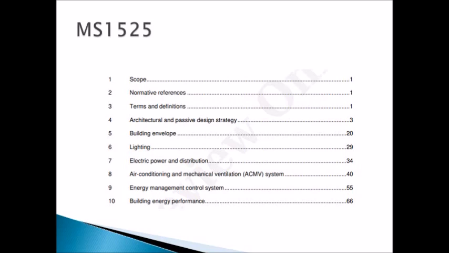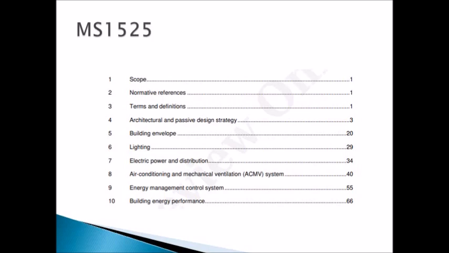And in terms of lighting, the lighting power, the electric power, and the distribution. So even in air conditioning and mechanical ventilation systems, there are specifications of energy efficiency for equipment used in the air conditioning system.